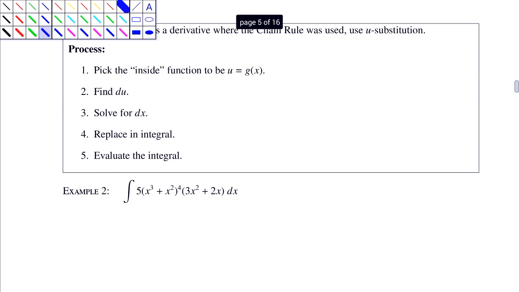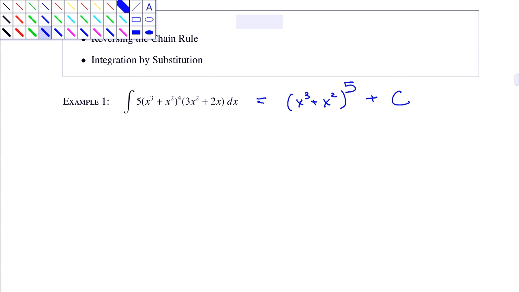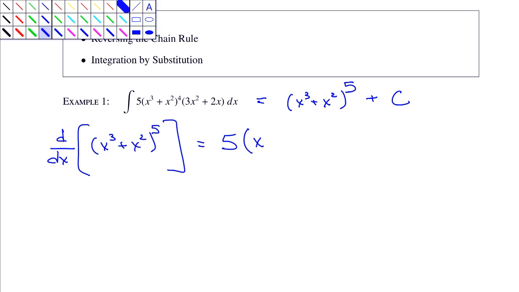So, what I want you to realize is that d dx of x cubed plus x squared to the 5th, I'll ignore the c for now, is 5, the inside is the same, lower the power by 1 times the derivative of the inside.